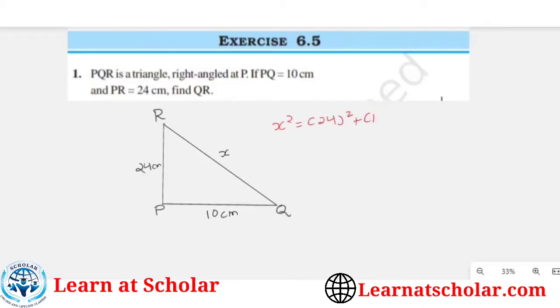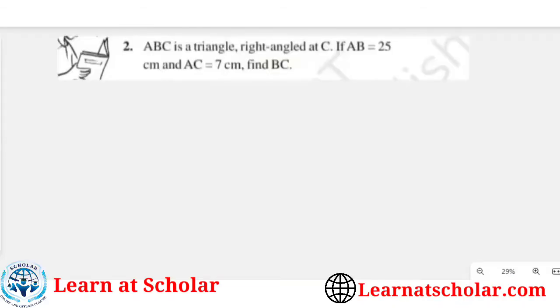So x square is equal to 24 square plus 10 square. 24 square is 576 and 10 square is equal to 100. So it is equal to 676. The square root of 676 is 26. So the value of x is 26. We have found out the value of QR, 26 centimeter.